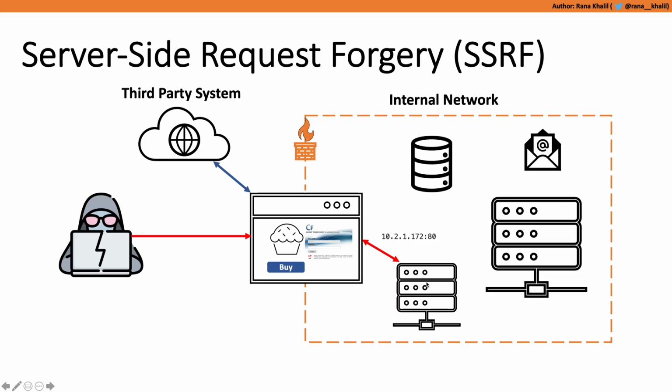In this case, we find out that there's a ColdFusion application that is running on a server with IP address 10.2.1.172, and it's running on port 80. And we all know that previous versions of ColdFusion have been known to be vulnerable to authentication bypass vulnerabilities. So depending on the version of the software that they're running, you might be able to re-exploit the SSRF vulnerability in order to bypass authentication on the server, or even worse, gain remote code execution on the server itself.